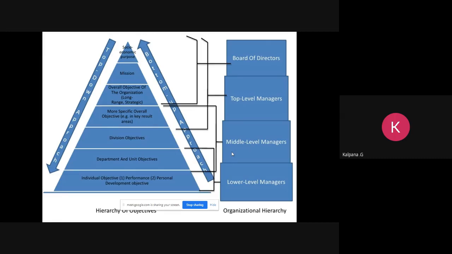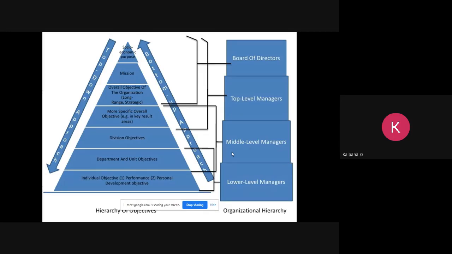So socio-economic purpose, mission, and the overall objective of the organization, all these three are set by the board of directors. Obviously they are going to look into the society and market demands, and then they are going to set the overall objective, and then they are going to have the mission of the organization. Being employees, they are not given any say in setting the overall objective of the organization.